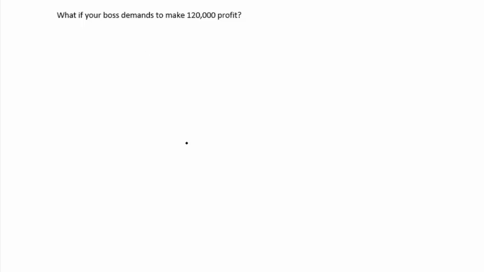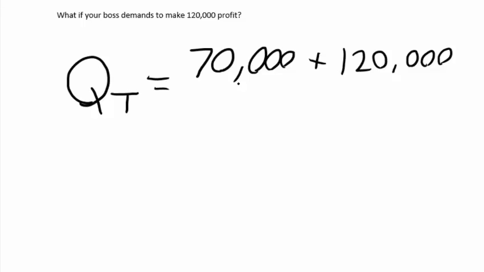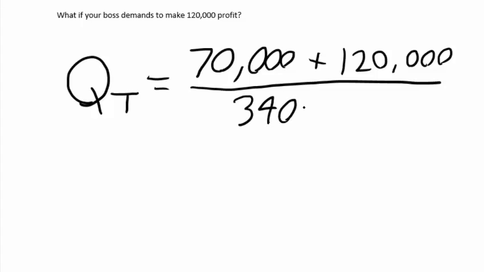$120,000. So we would use the same profit target formula as before of quantity to reach the target equals the fixed cost, which is 70,000, plus the profit target of 120,000, and that is over price minus the average variable cost, which is 340 minus 300.